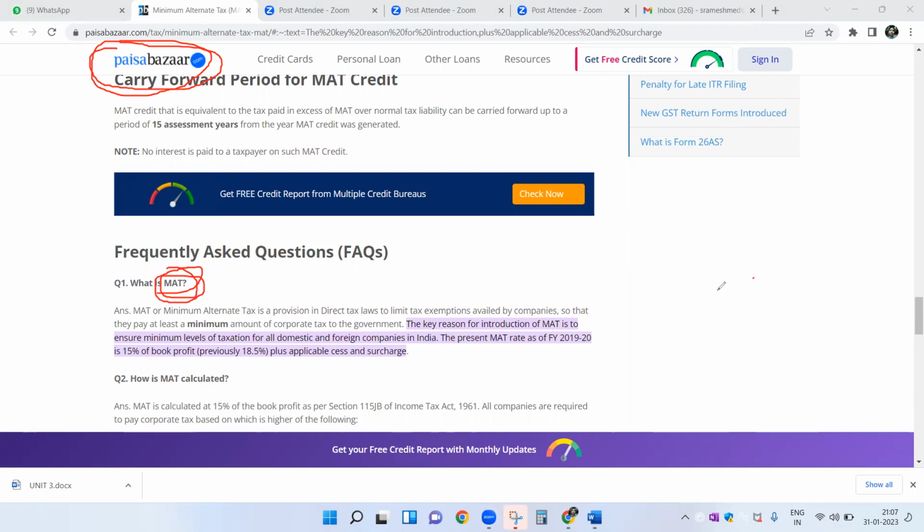For that purpose, they make use of the various tax provisions mentioned in the Income Tax Act or Income Tax Rules or Finance Act or CBDT circulars. So what is happening in our country is that even though companies are earning crores of rupees, they are not paying taxes. They are evading tax. They are minimizing their tax. Even though they are earning thousands of crores of rupees, they are not even paying in hundreds of crores of rupees.